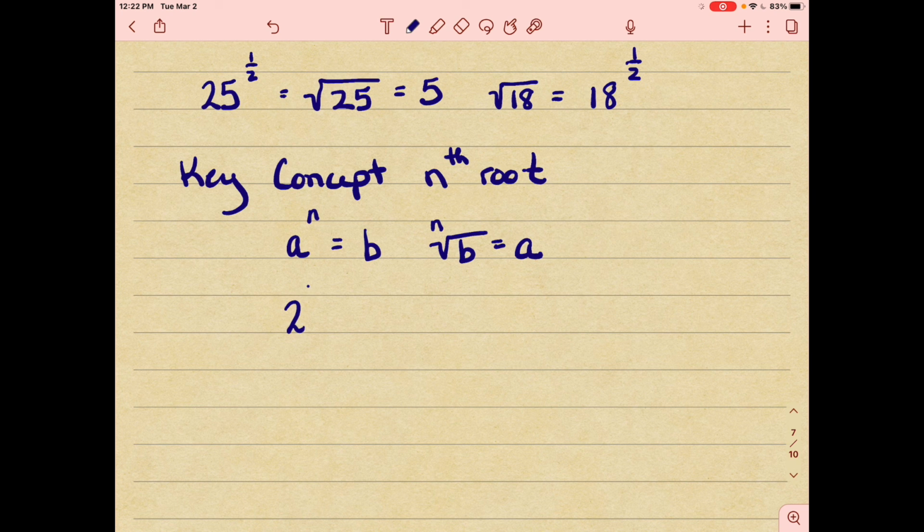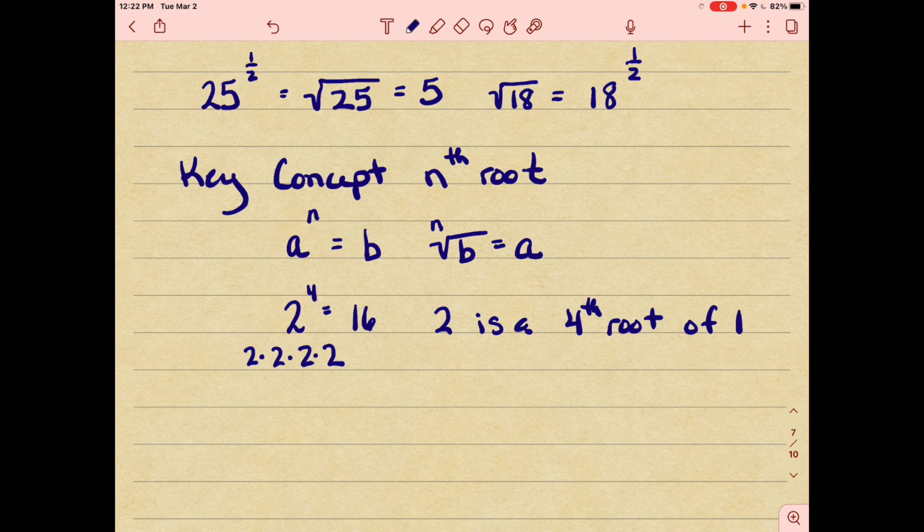Or here's an example that's maybe a little more tangible. 2 to the 4th equals 16, right? Because 2 times 2 times 2 times 2 is 16. 2 is a fourth root of 16. So we could say the fourth root of 16, that's how we write it, we put a little number in there, equals 2.